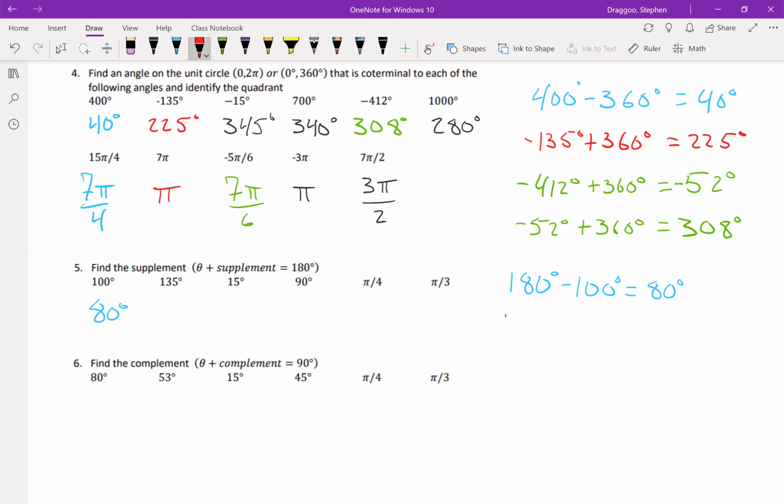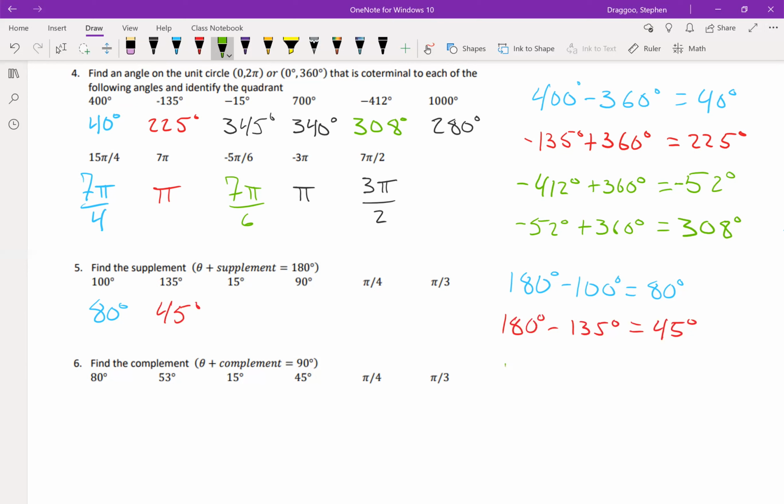I take 180, subtract 135 degrees, I get 45 degrees. Now, if I'm going to look at radians instead of degrees, I'm going to want to use pi instead of 180 degrees, since pi and 180 are coterminal.